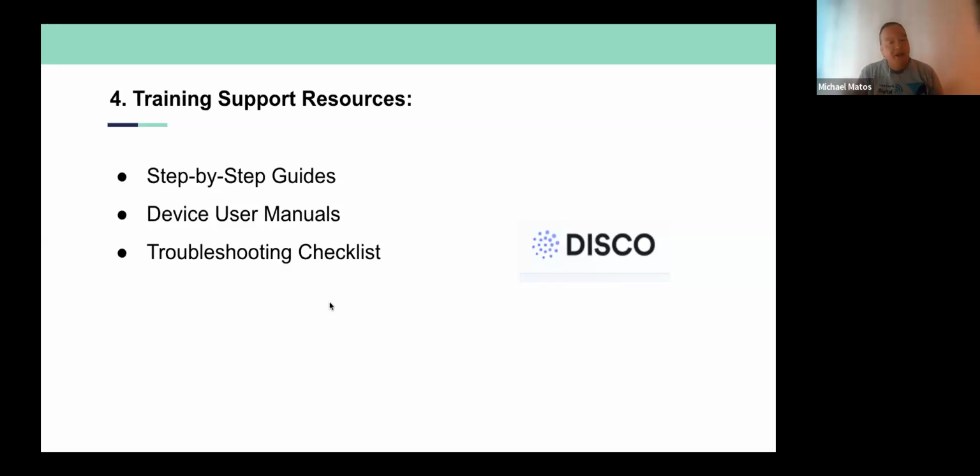The device user manuals, as I showed you the example of, simplified guides on using those distributed devices and so on, and then a quick reference guide for common troubleshooting and checklists as well.